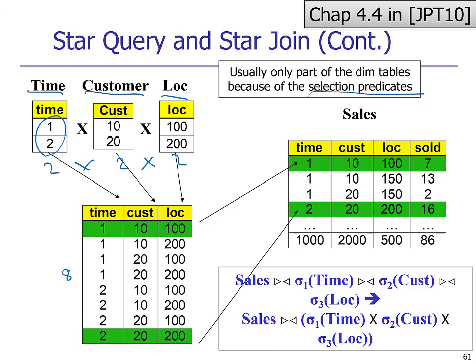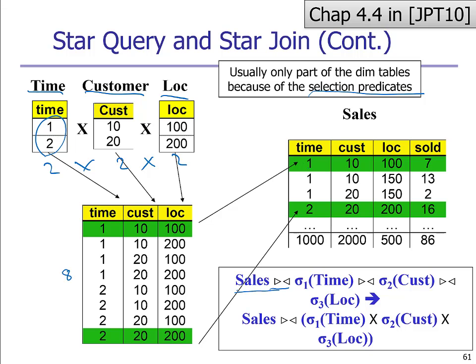satisfy the condition. Okay, for example, here, this green rows are those that satisfy all 3 conditions. Okay, so this is what we do in a traditional way.